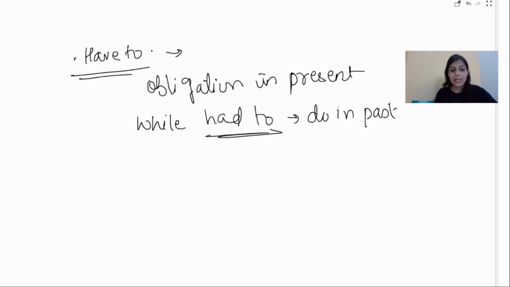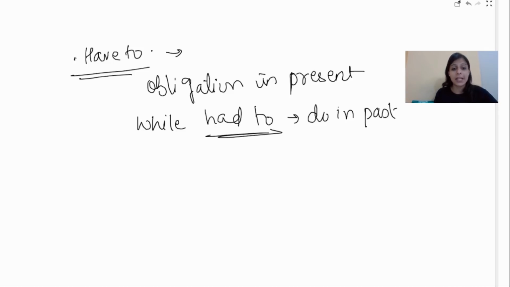Basically, it's about an obligation. There's an external obligation by some authority or under some circumstances that you have to do it. You don't have any other option. That is where you use it as a compulsion.